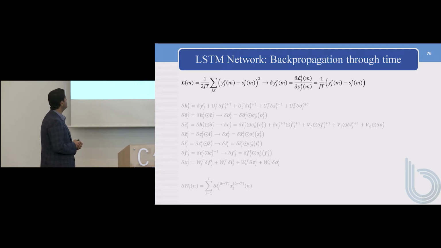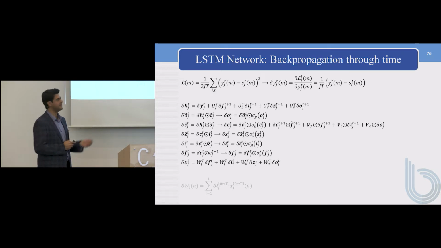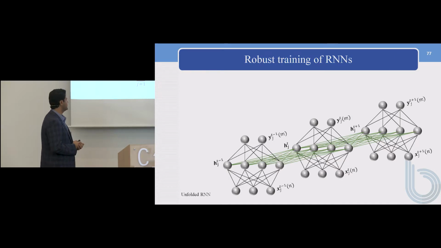Here we deliberately define a batch-based backpropagation through time, which takes the average over all available samples and time points, and then takes the derivative of this loss function with respect to the weight. We backpropagate over time, and finally we find the partial derivative of the loss function with respect to the weight.